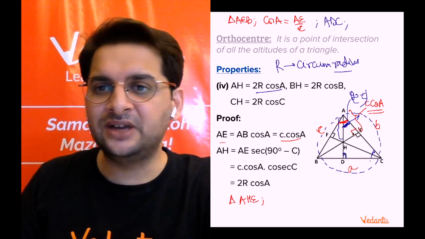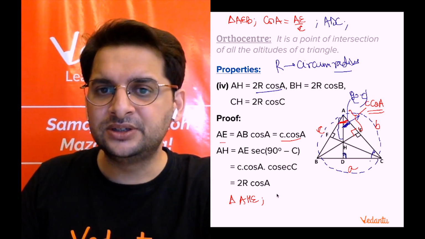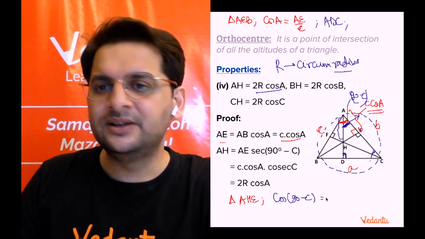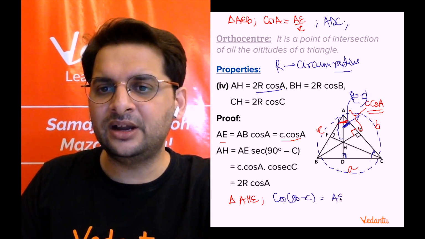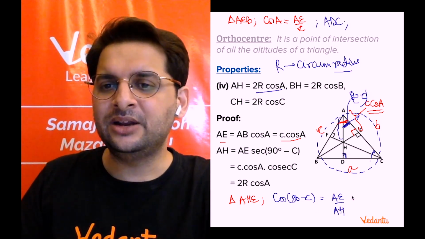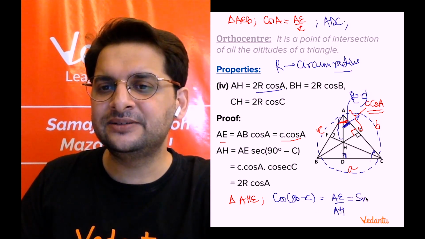What will be the trigonometric function? So cos of 90 minus C would be base upon hypotenuse. That is AH. And cos 90 minus C is sin C. We know this.